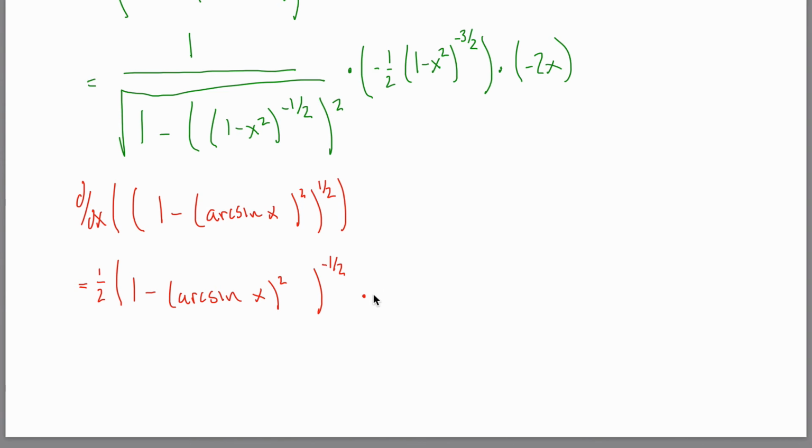Well, the derivative of the 1 goes away. That's just 0. But for this minus something squared, what I'm going to have to do is use the power rule, bring that 2 down in front. So I get negative 2 times arcsine of x raised up to the 1 power, if you want. Then I'm still not done, because I still haven't taken the derivative of arcsine of x.